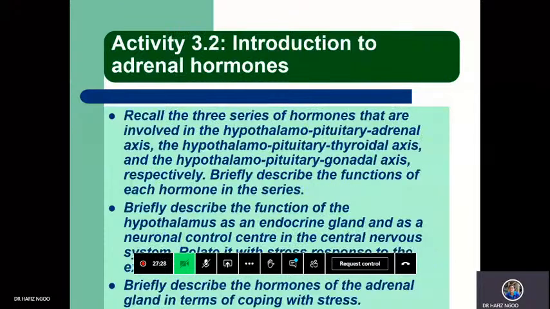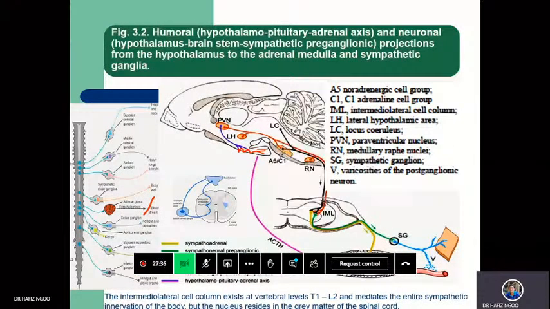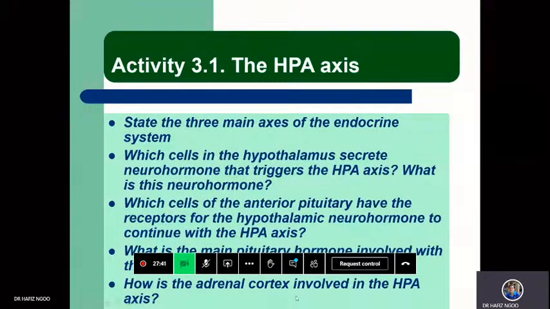Okay, so we are going to look at the activity 2. So basically activity 1 I think is done, right? We look at the previous activity, sorry. Okay, so how is the adrenal cortex involved in the hypothalamus pituitary axis? Basically from the hypothalamus, you have the release of CRH coming down to the release of ACTH, and ACTH is going to find the receptors in the adrenal cortex.